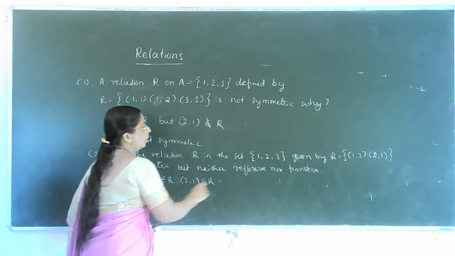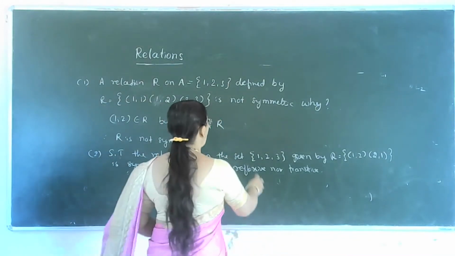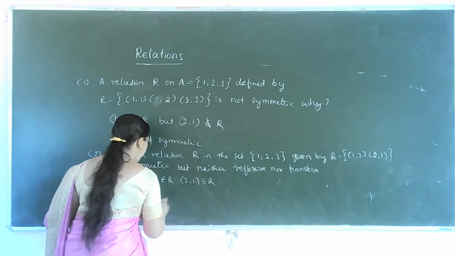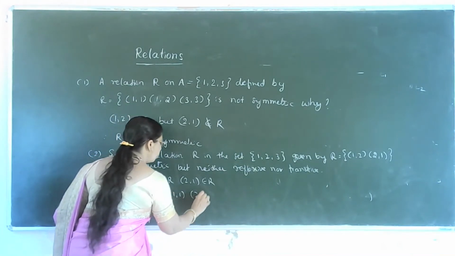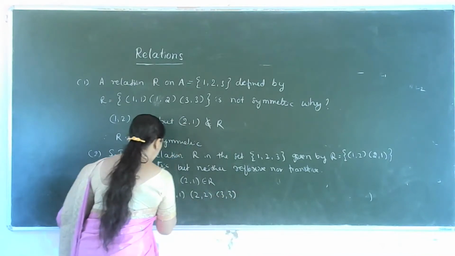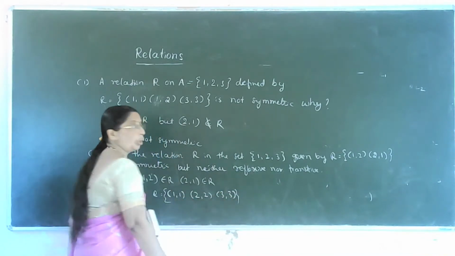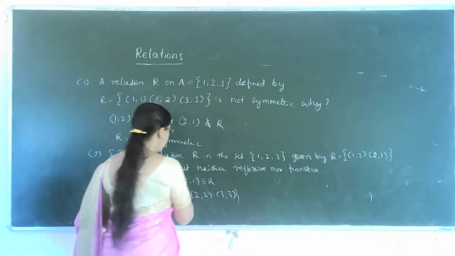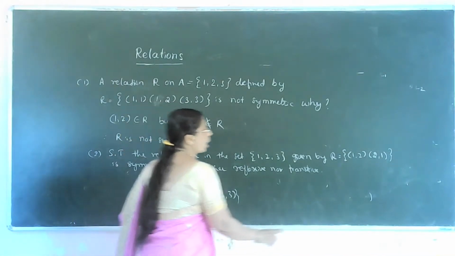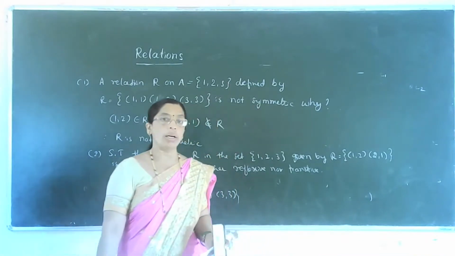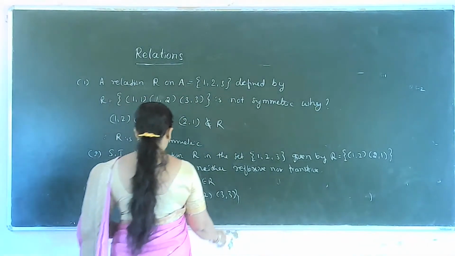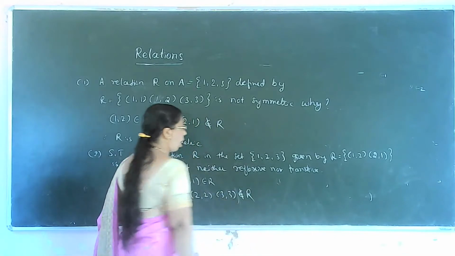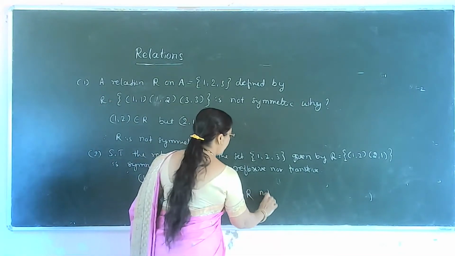But it's not reflexive, because here 1, 2, 3 are the elements, so there should be (1, 1), (2, 2) and (3, 3) in R. We call it reflexive only if all these are in the R set. Here none of them belong, so (1, 1), (2, 2), (3, 3) are not in R. Therefore it's not reflexive.